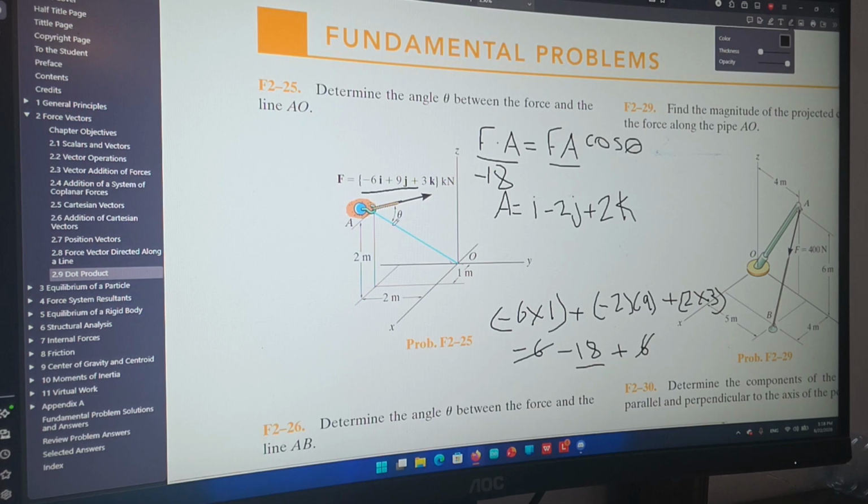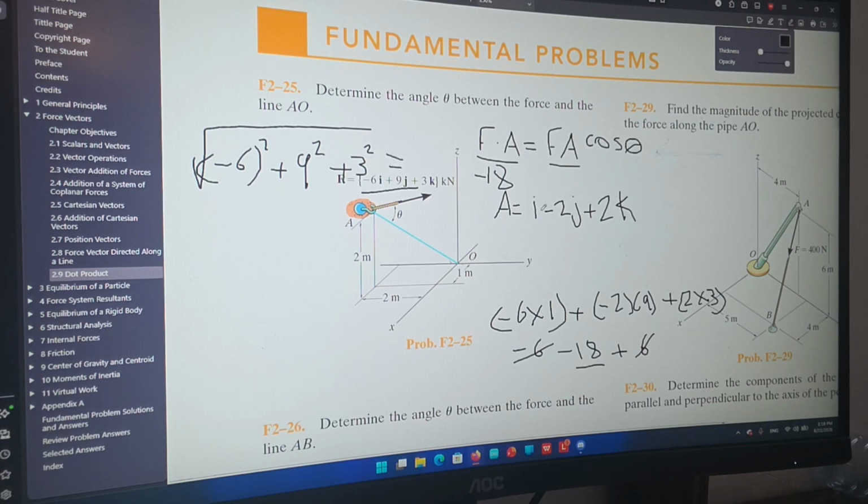The magnitude, on the other hand, for each one, you square root all of their Cartesian forms. Negative 6 powered by 2 plus 9 powered by 2 plus 3 powered by 2.